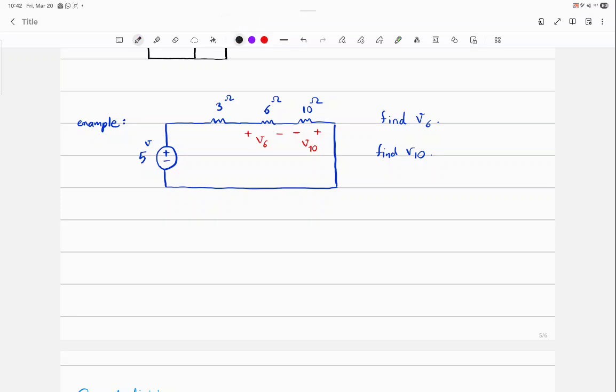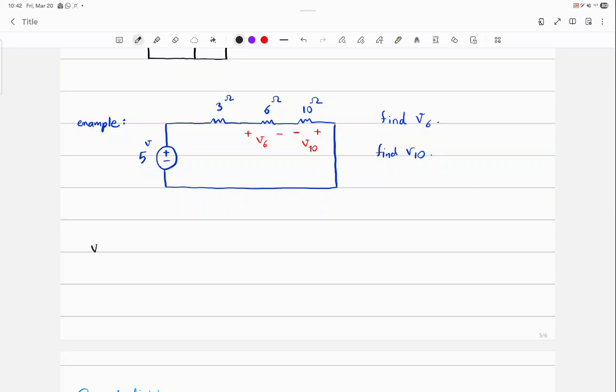Before this lecture, if I asked you to find V6, how would you do it? Combine the resistors and find the current, right? And then multiply the current by 6. Now, I want you to do it using voltage division.